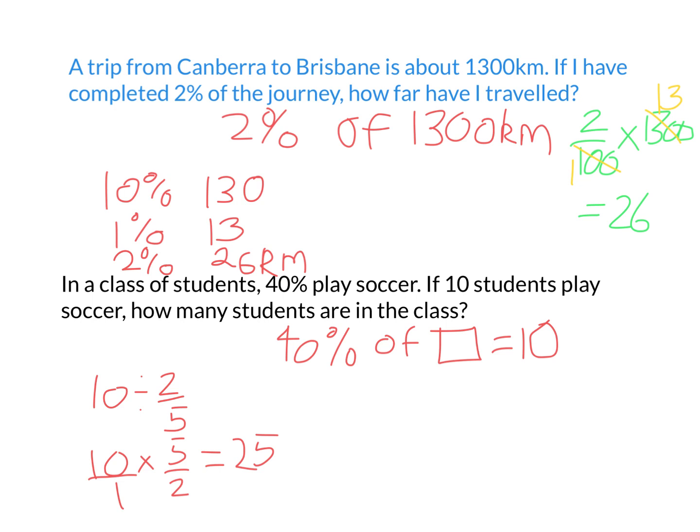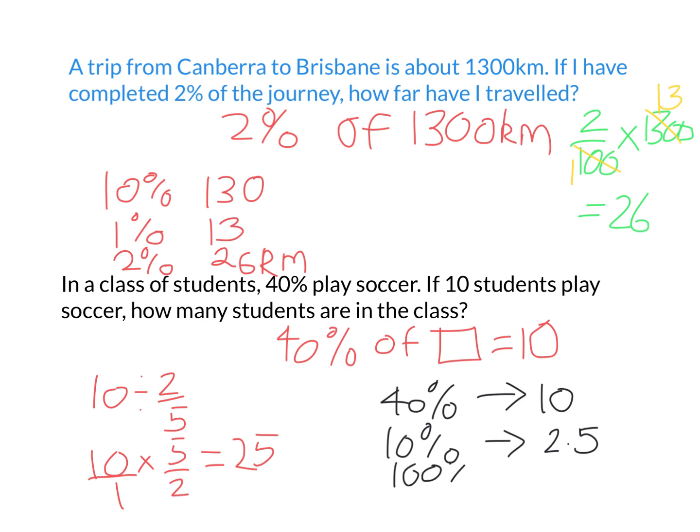Another way you might like to do it, if 40% of the number is equal to 10, then that means 10% of the number will be 10 divided by 4, which is 2.5. So 100% of the number will be 2.5 times 10, which is 25.